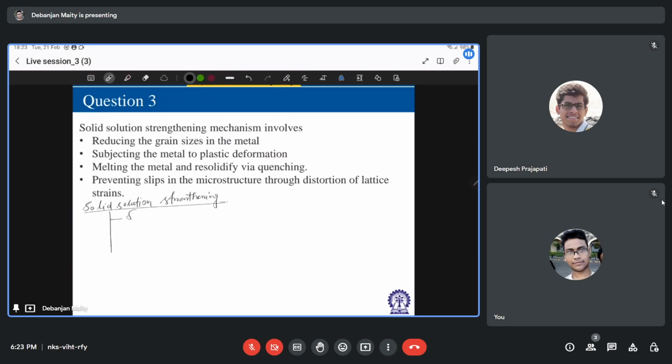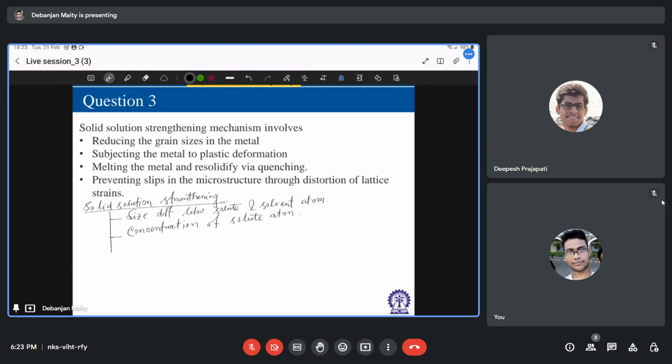One is size difference between solute and solvent atom, and then there is concentration of solute atom. Now in addition to the size difference, intensity of the stress field around the solute atom is also dependent on the elastic modulus of the solute.